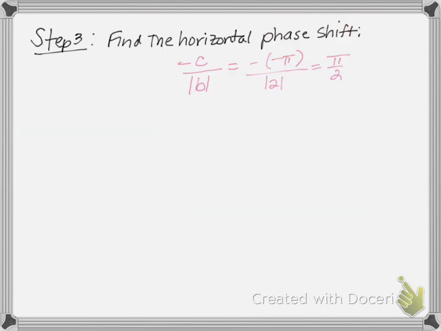pi over 2 units. All right, so I'm going to actually do this on a number line. So 0 to pi, I had pi over 4 here, pi over 2 here, and 3 pi over 4. Since these angles are shifting because of the horizontal phase shift, and they're going to shift to the right, I'm going to add pi over 2 to the existing angles.